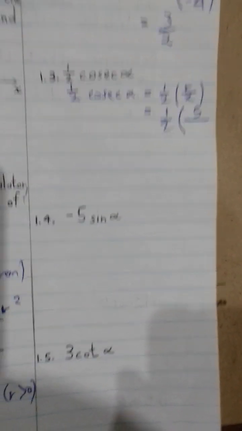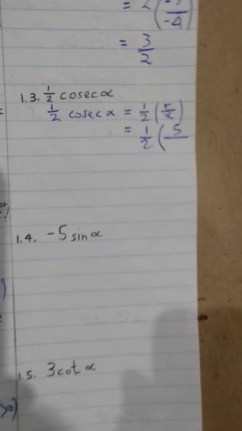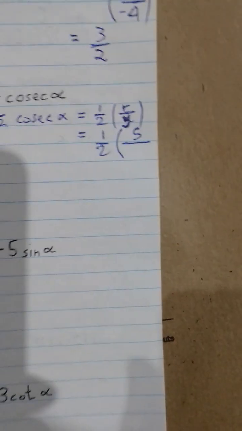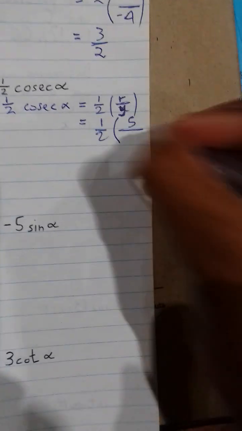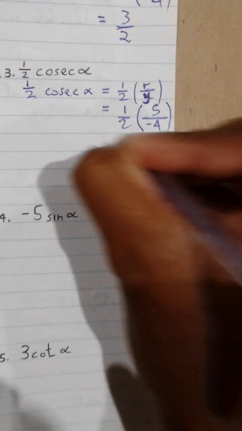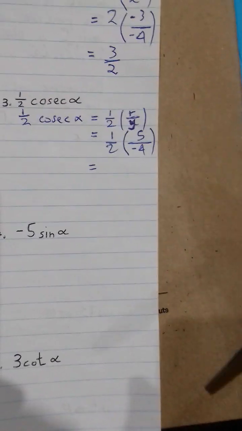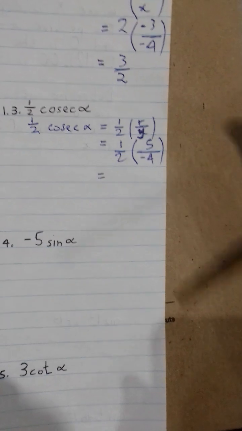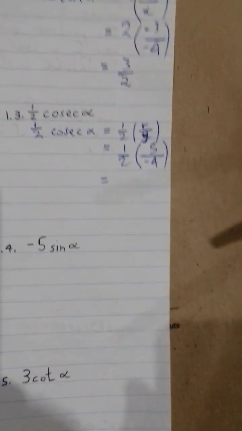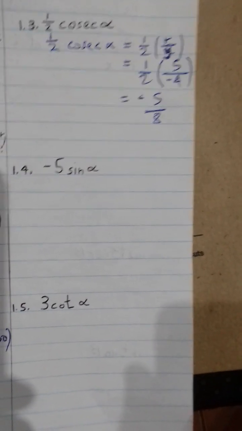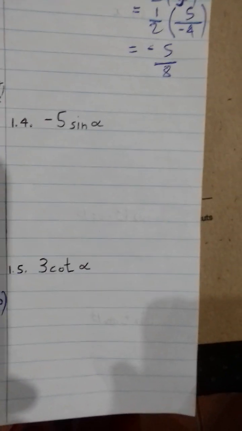Oh my, why do I keep forgetting my ratios? Sine is y over r, so it's r over y. My mistake. Y is -3, r is 5. Okay, hope that is clear, and I hope that makes sense. Forgive me for constantly making mistakes. I don't know where my mind is at.